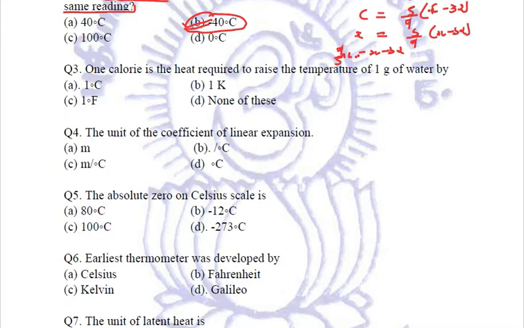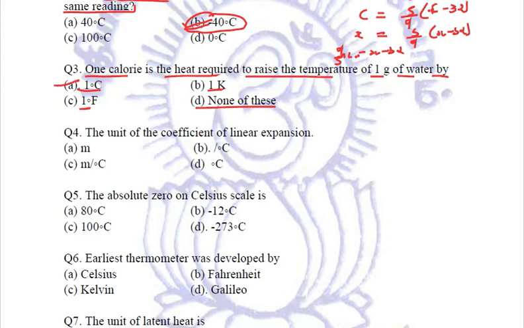Next question is 1 calorie. 1 calorie is the heat required to raise the temperature of 1 gram of water by, options given are 1 degree Celsius, or 1 Kelvin, or 1 degree Fahrenheit, or none of these.